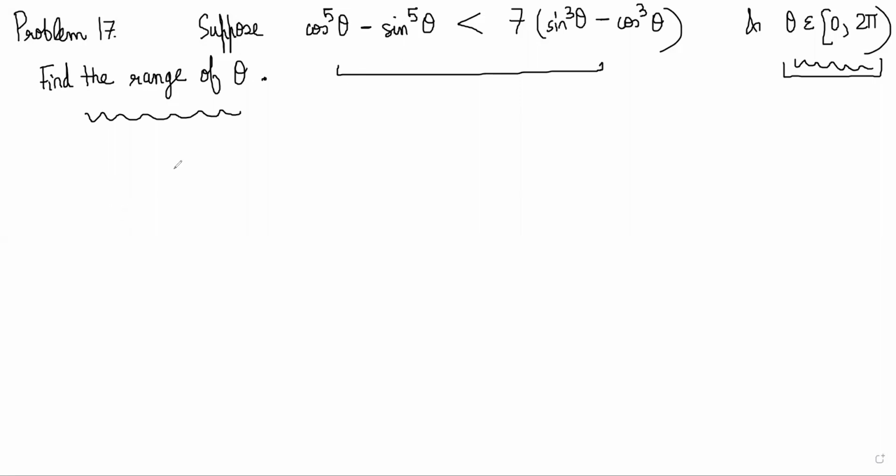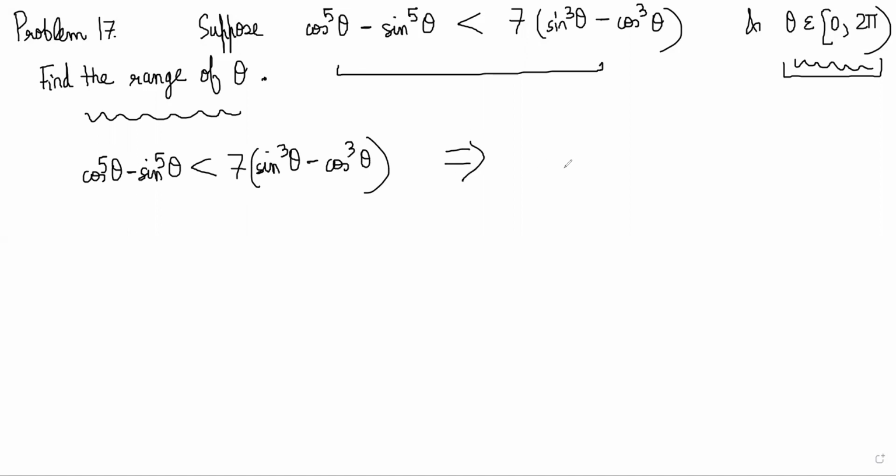If we look at this inequality, cos^5 theta minus sin^5 theta is less than 7 times (sin^3 theta minus cos^3 theta). We can rearrange this inequality a little bit, divide by 7 on both sides, and collect all the sine terms on one side and the cos terms on the other side.